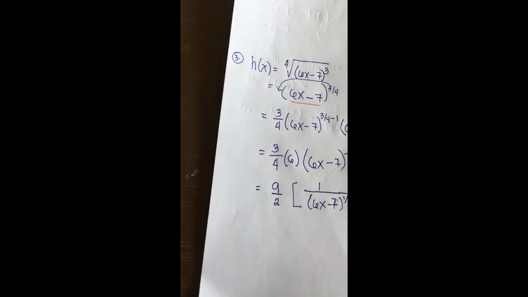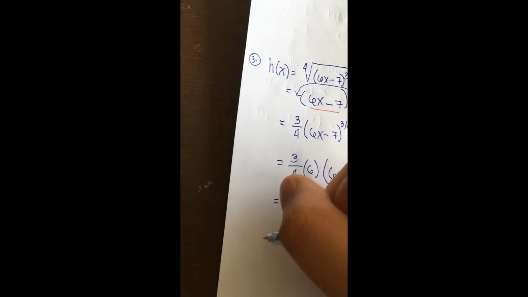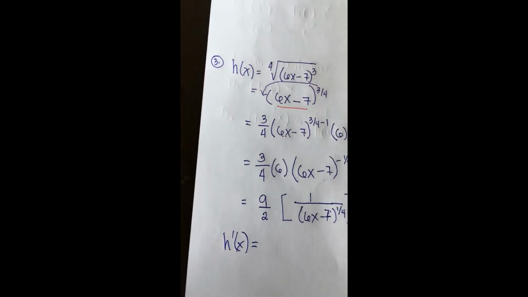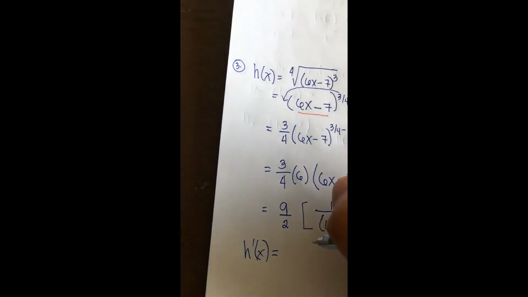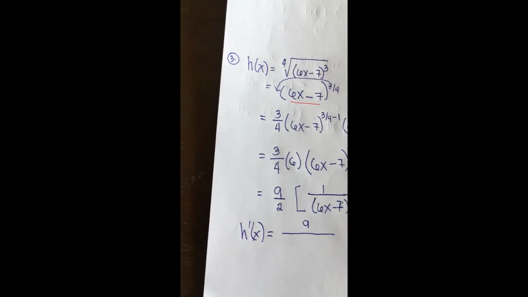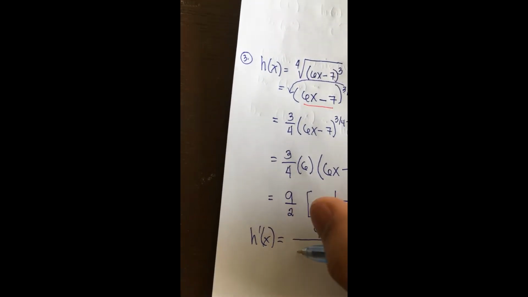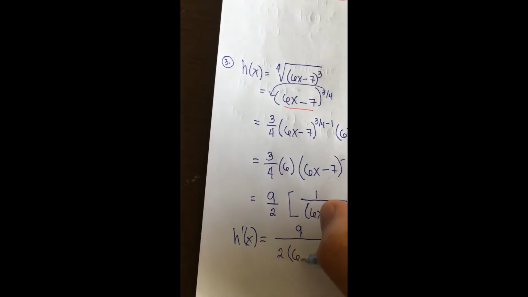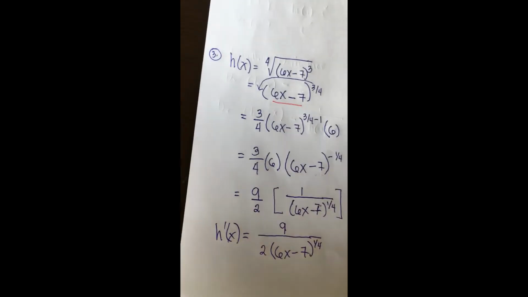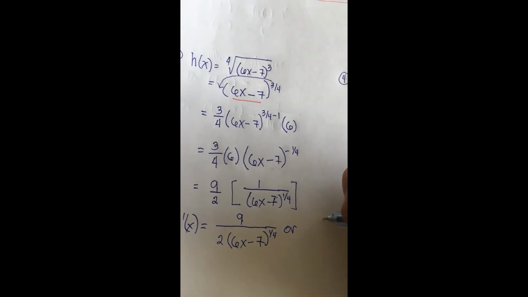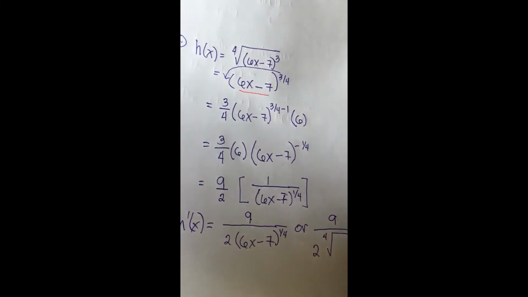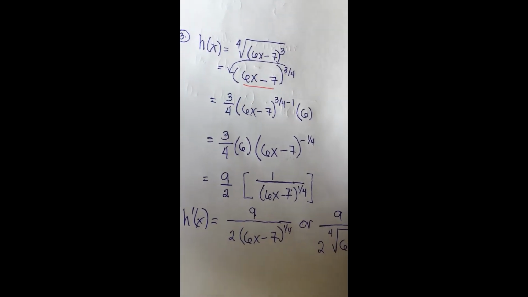And you will now have your final answer, h prime x, or the derivative of h of x is 9, ano naman sir? 9 times 1, 9, over 2 times 6x minus 7 raised to 1/4, or 9 over 2, 4th root of 6x minus 7.